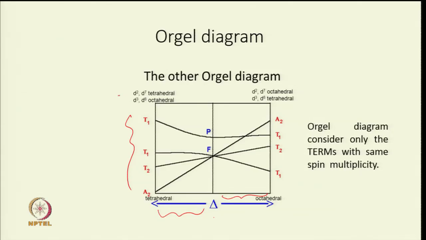Here you have D2 D7 tetrahedral, D3 D8 octahedral, D2 D7 octahedral, D3 D8 tetrahedral, and they have T2 T1 T1, and now here you see this is A2 T1 T2 T1. So, it is just opposite. It changes with the delta in this way, and this is known as the Orgel diagram.